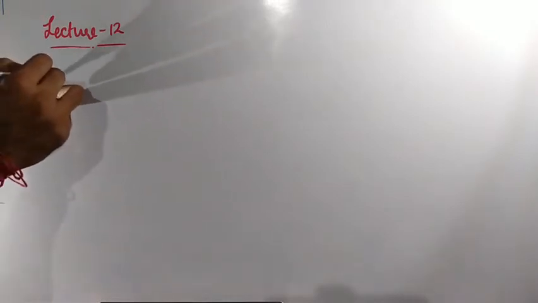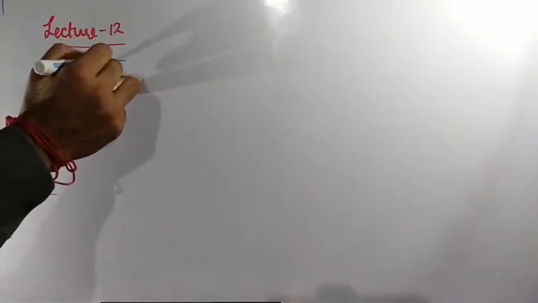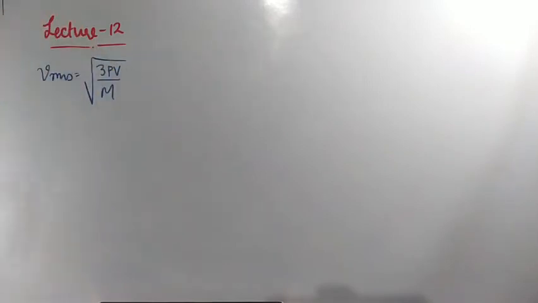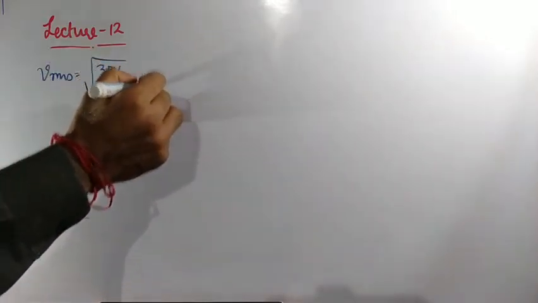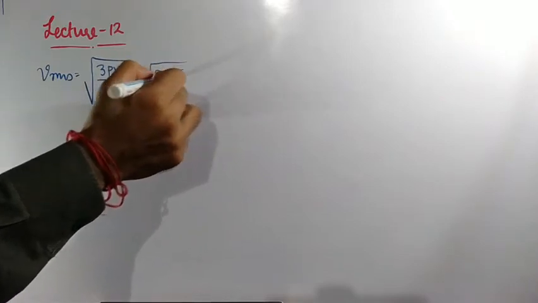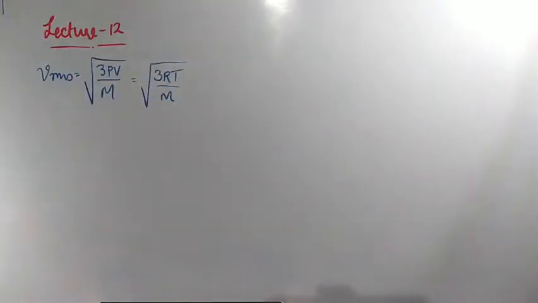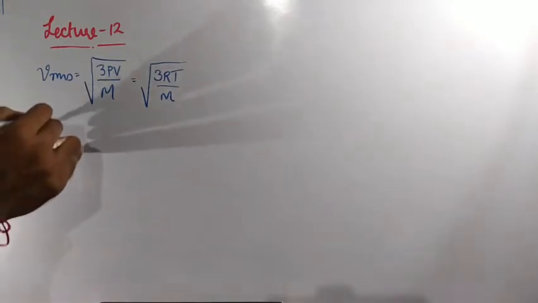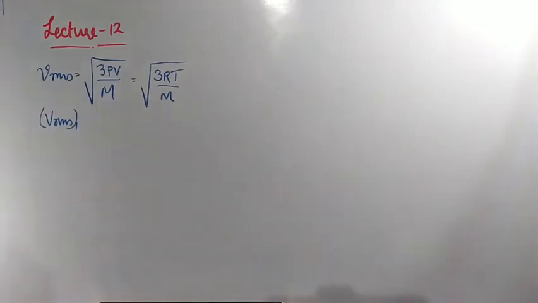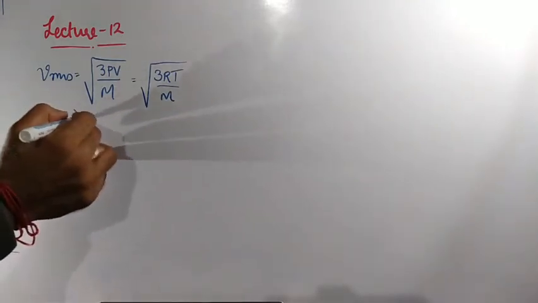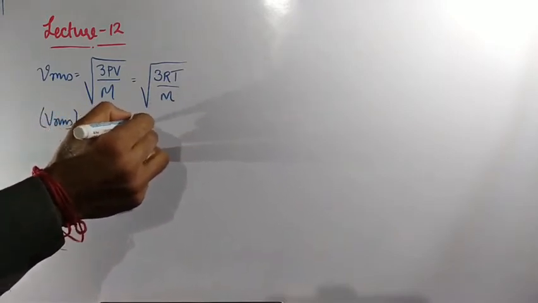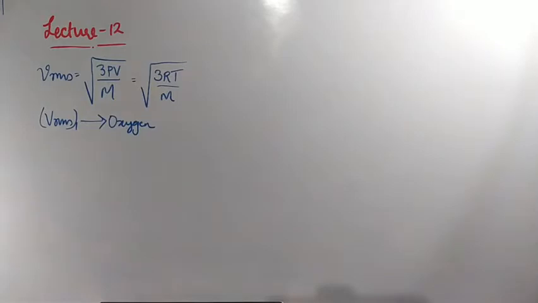Now listen. The formula we have is VRMS equal to root of 3PV divided by M. For an ideal gas, PV for 1 mole can be written as RT, so it is root of 3RT divided by M. Now let us assume VRMS 1 is the root mean square velocity for the first gas, which is oxygen.